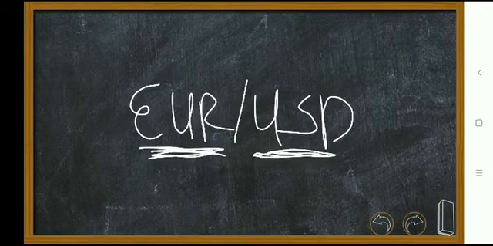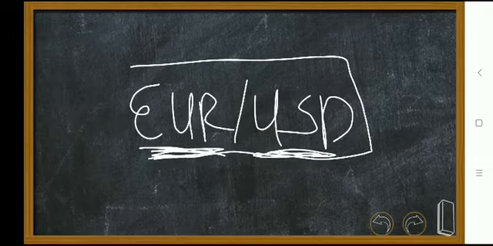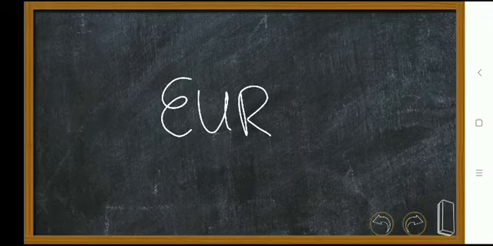So I was still talking about selling the euro. For some reason, let's come to the conclusion that the euro is weak, so we have to sell the euro. So in this particular pair, I'm talking about euro. Euro is a base.